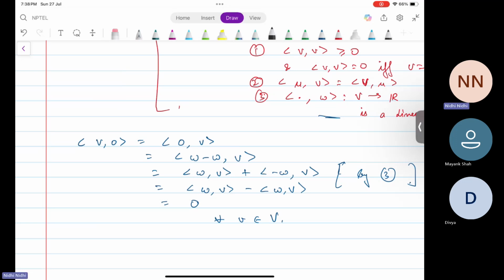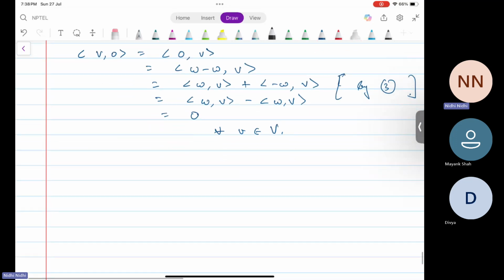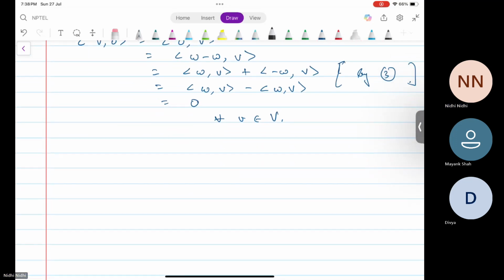Okay, next we will see open sets in a metric subspace. Question number 11.